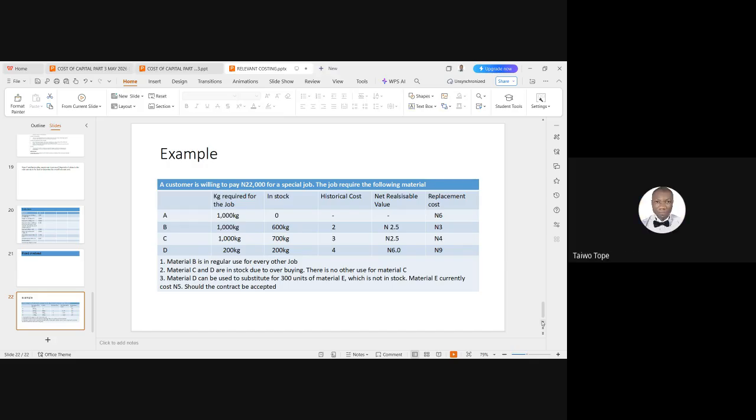So this is another example. A customer is willing to pay 22,000 naira for a special job. The job required the following material: KG required for the job, in stock, historical cost, net realizable value, replacement cost.